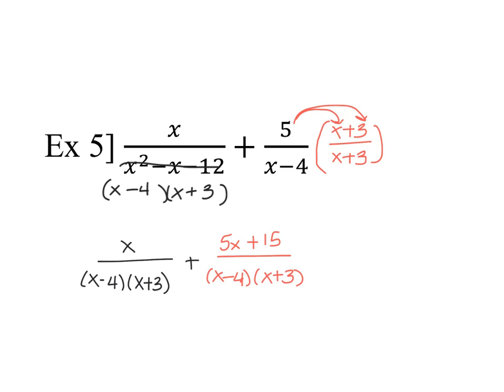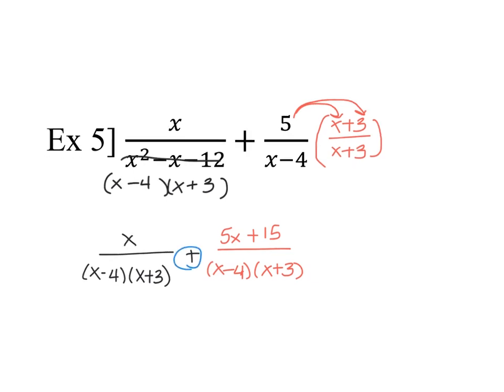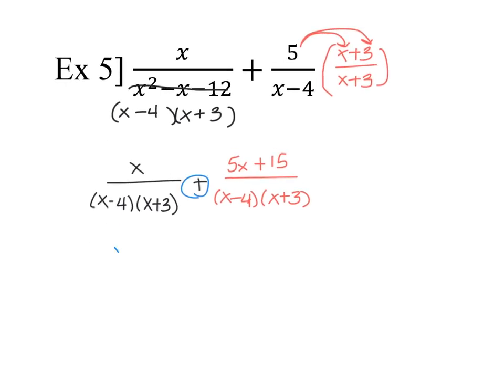Now, make sure your denominators are the same. So x minus 4 and x plus 3, x minus 4 and x plus 3. Denominators are the same, so we're going to go ahead and add the tops. Add your numerators. So you're going to have x plus, and when you distribute this little plus sign, nothing really happens, which is why we don't really talk about it.